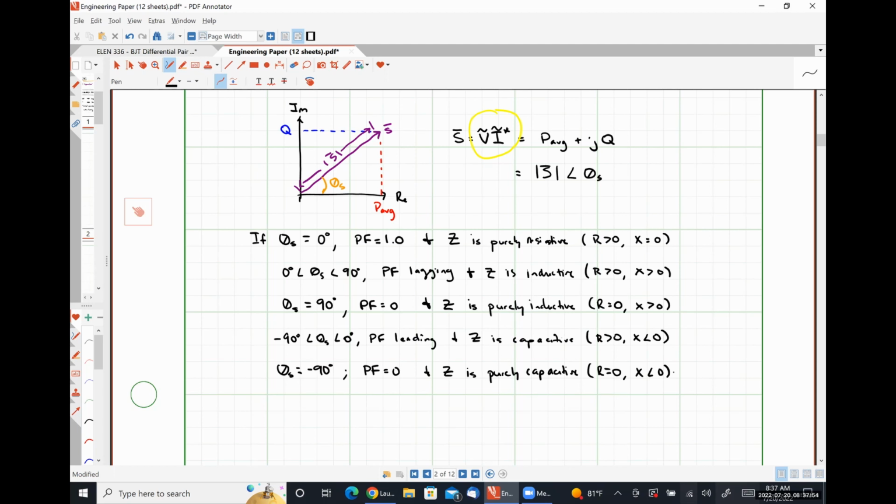We would look at the complex power supplied by a source, which should land us in quadrants 1 and 4, and all of these relationships would be valid. All right.